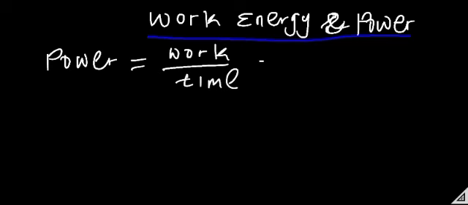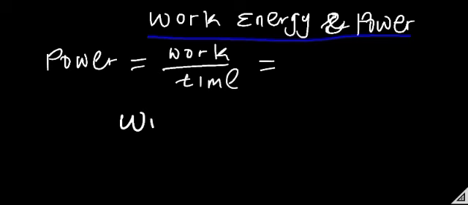So that implies that power is equal to... sorry, we know that work is equal to force times distance, right? I want to derive another formula from this so that we can enjoy the class.